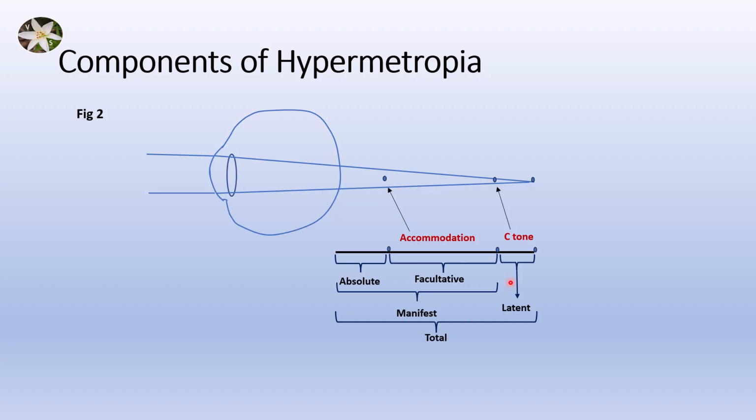We see here that of this total hypermetropia, there is a part of the hypermetropia which is controlled by the accommodation, and this is called the facultative hypermetropia.